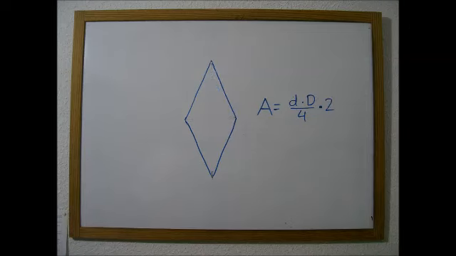As we have two triangles, we multiply that by 2, which, simplifying, we get, in the end, the product of the diagonals divided by 2.